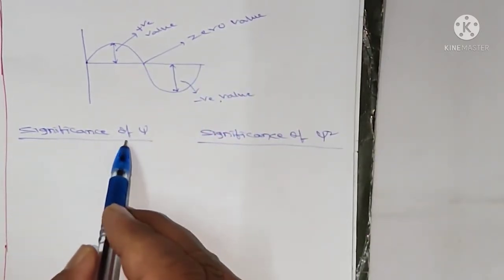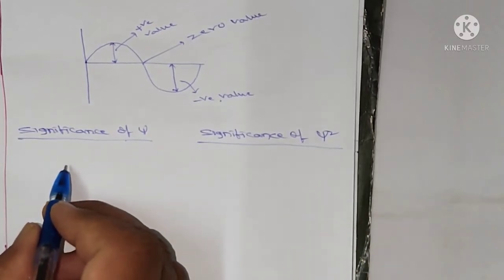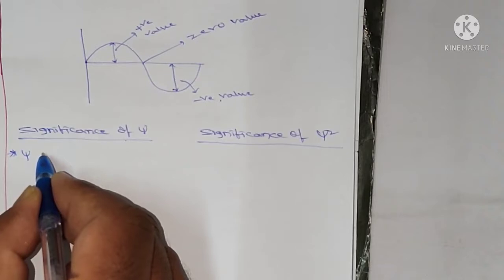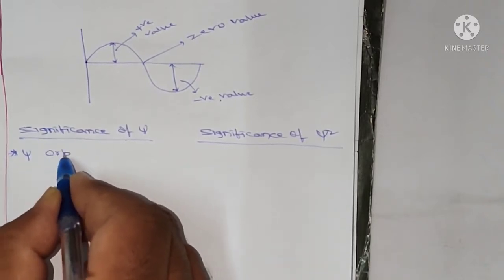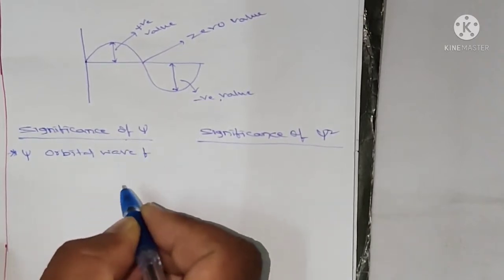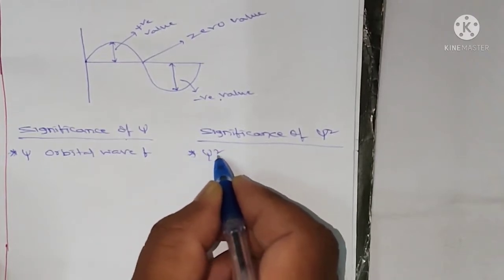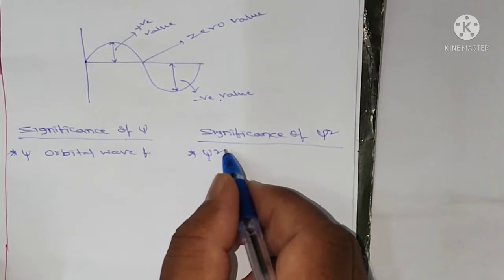So the psi is an orbital wave function and psi square is a probability function.